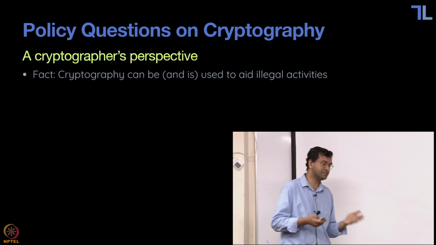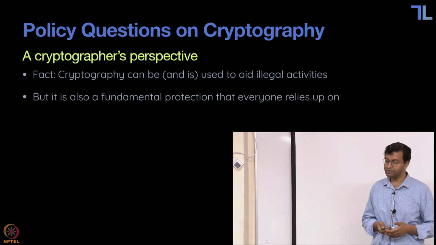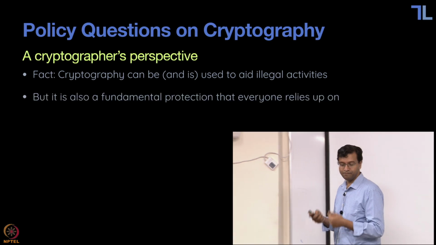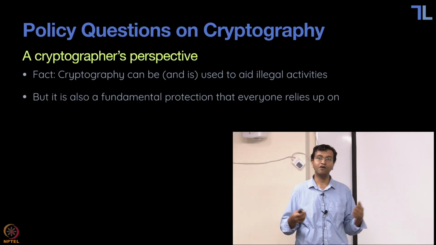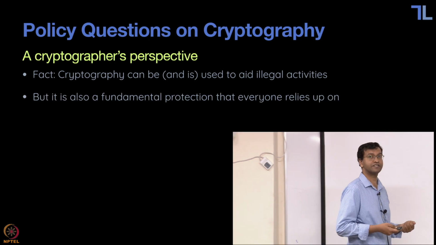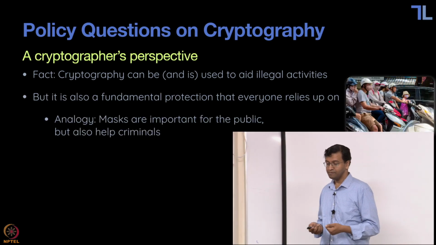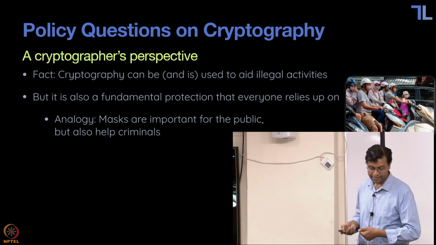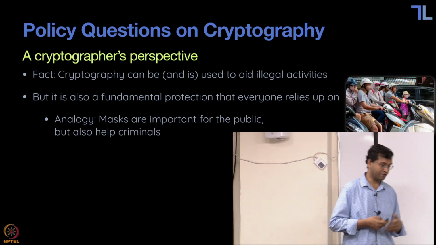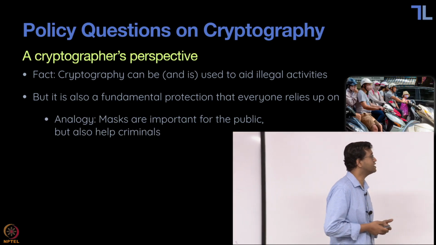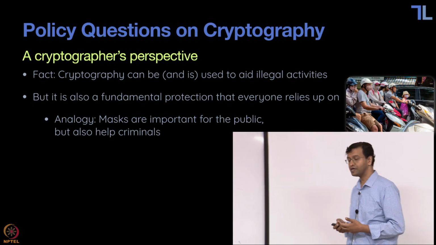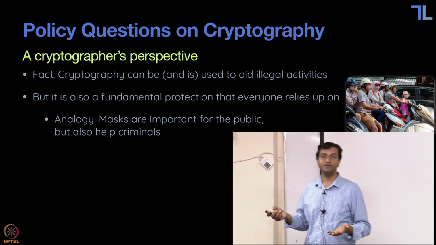Cryptography is used for illegal activities, but it's also a fundamental protection that all of us rely on a lot. Just to give an analogy, not sure how convincing it is, think of something like masks. They are important for the public.